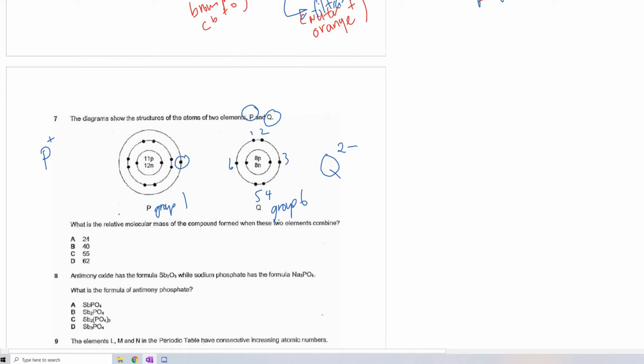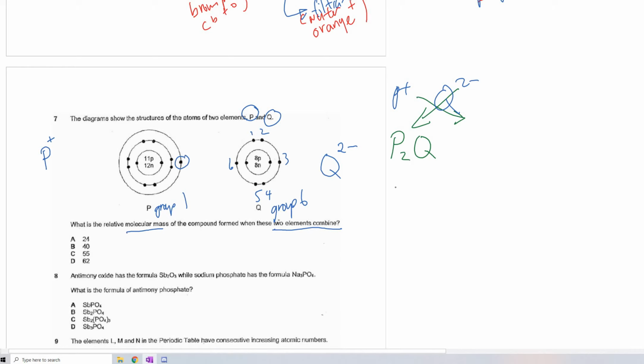Alright, what is the relative molecular mass of the compound formed when these two elements combine? Alright, so we have P plus, we have Q 2 minus, so we will do the crisscross method. We will have P2Q.